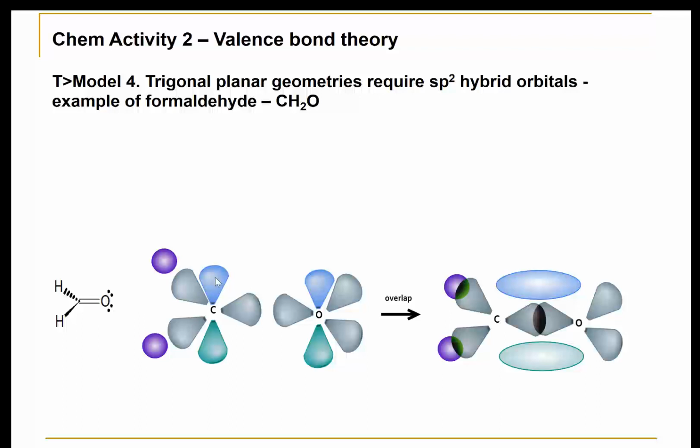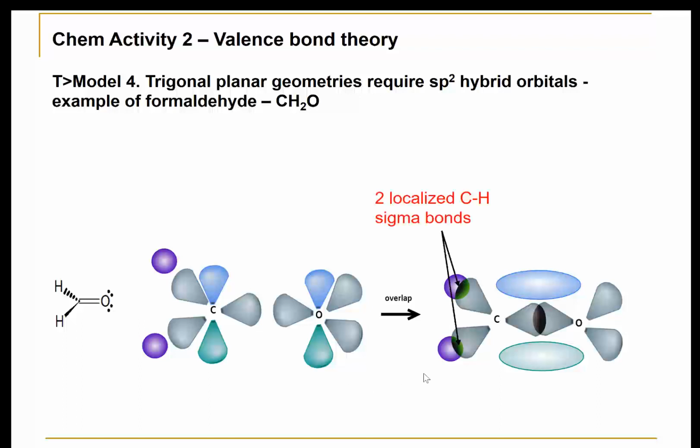And remember, there is only 1 electron in this p orbital, although we have lobes both above and below the plane. Of course, each hydrogen is bringing 1 electron. Over here with oxygen, we have 3 sp2 hybrid orbitals and then 1 unhybridized p orbital. We allow these 2 atoms to overlap as well as the carbon to overlap with the hydrogens. And we end up forming this formaldehyde molecule.